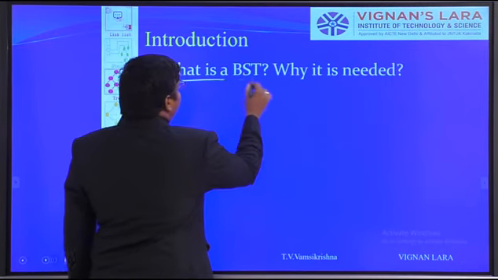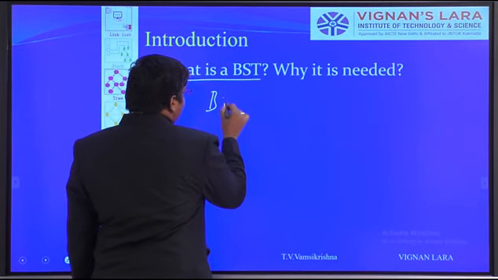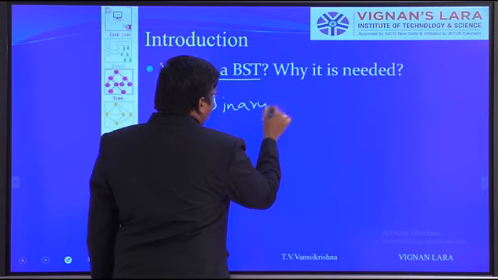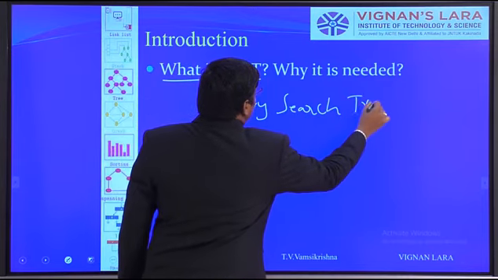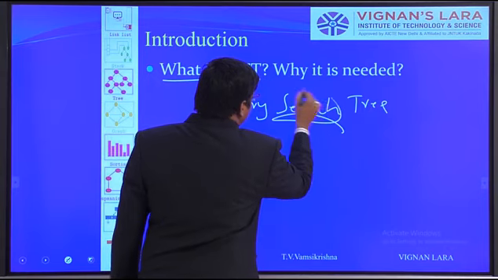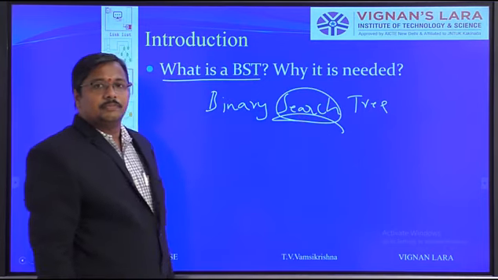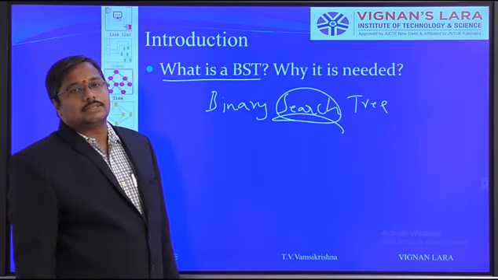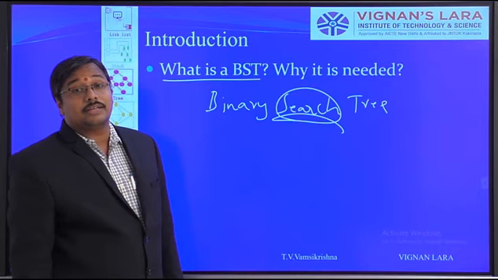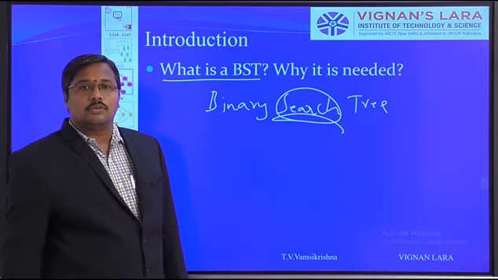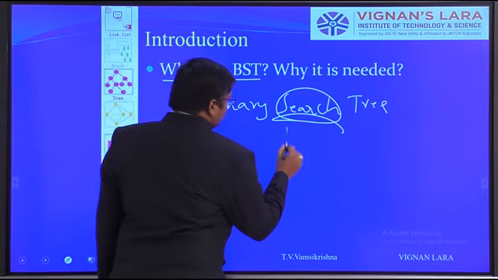So what is a BST? BST is nothing but a binary search tree. Here the main focus is on search. For minimizing the time complexity of the search operation, we go for a binary search tree.